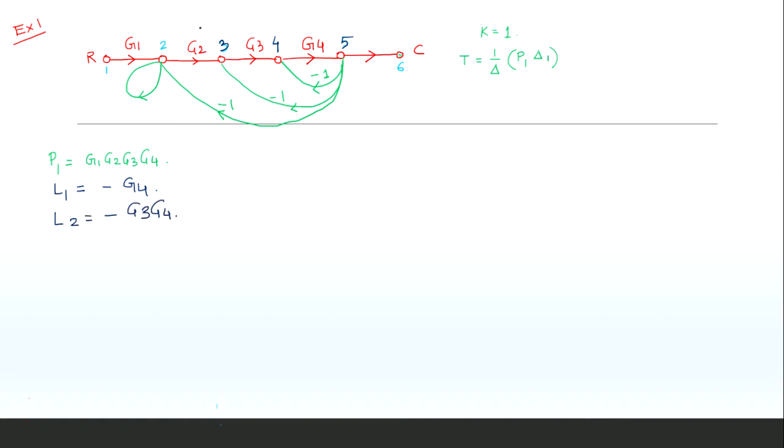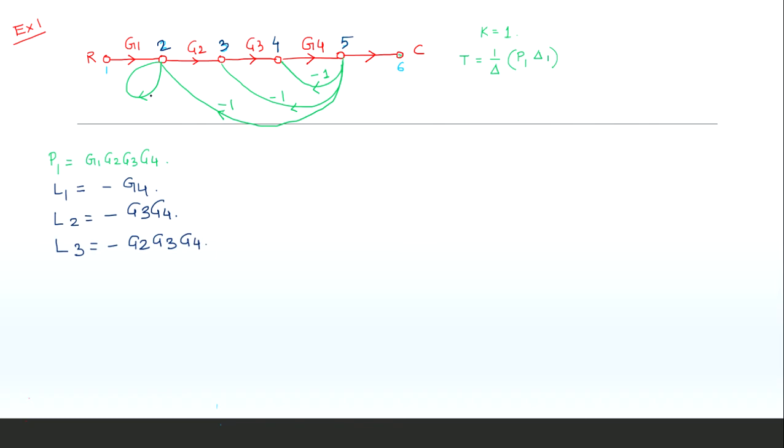Next, the third, I am taking node 2. From node 2 G2 is coming, then G3, then G4, and then minus 1 is feeding back to G2. So it is making another closed loop. So my loop 3 will be minus G2 G3 G4.